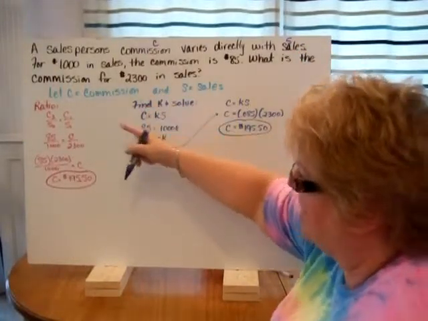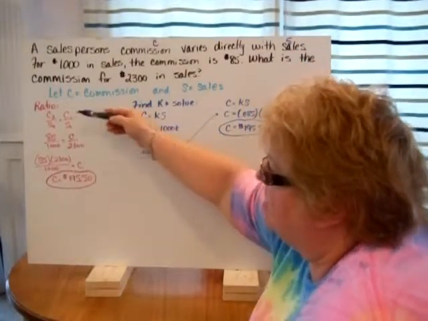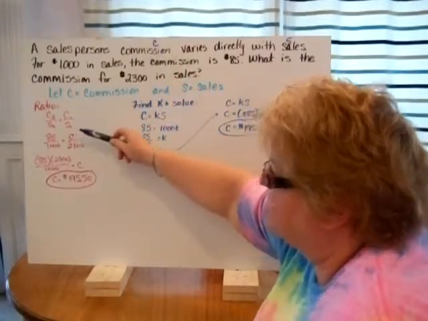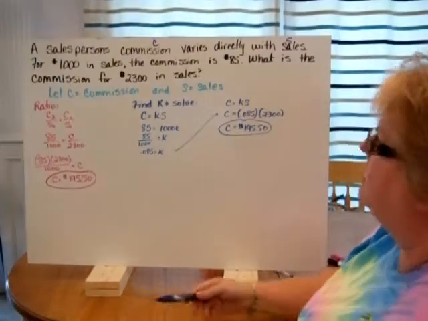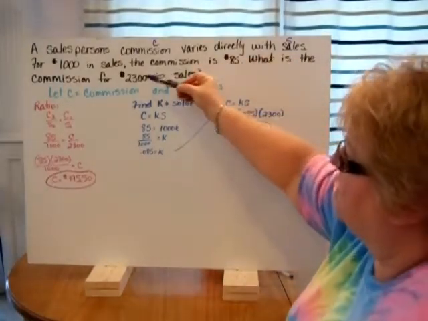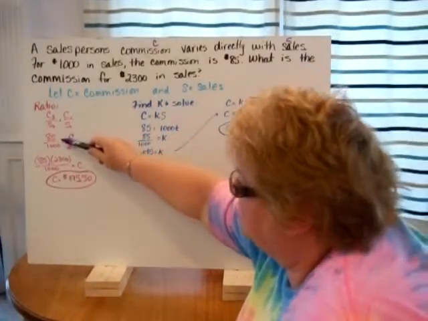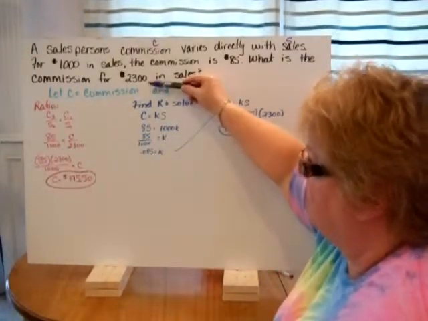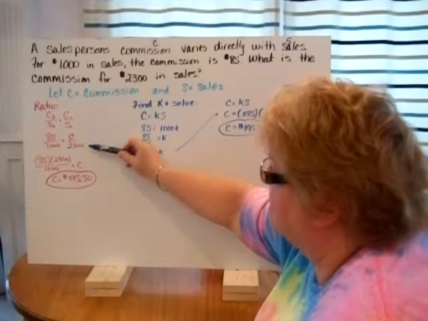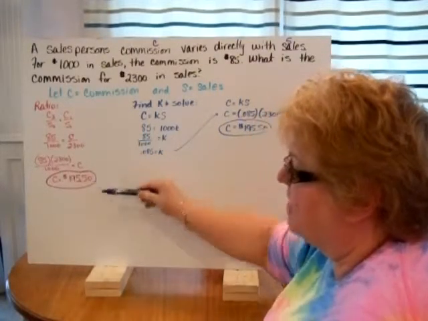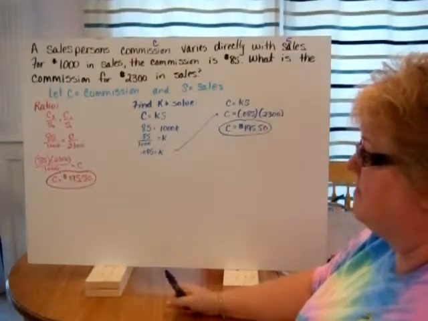So if we want to set up the ratio, C, which is the same as our y, over S, which is the same as the x, is equal to the other point. So we're going to take 1,000 in sales and 85 in commission, and that will be equal to, this 2,300 takes the place of sales, and we solve for commission, and we get $195.50.